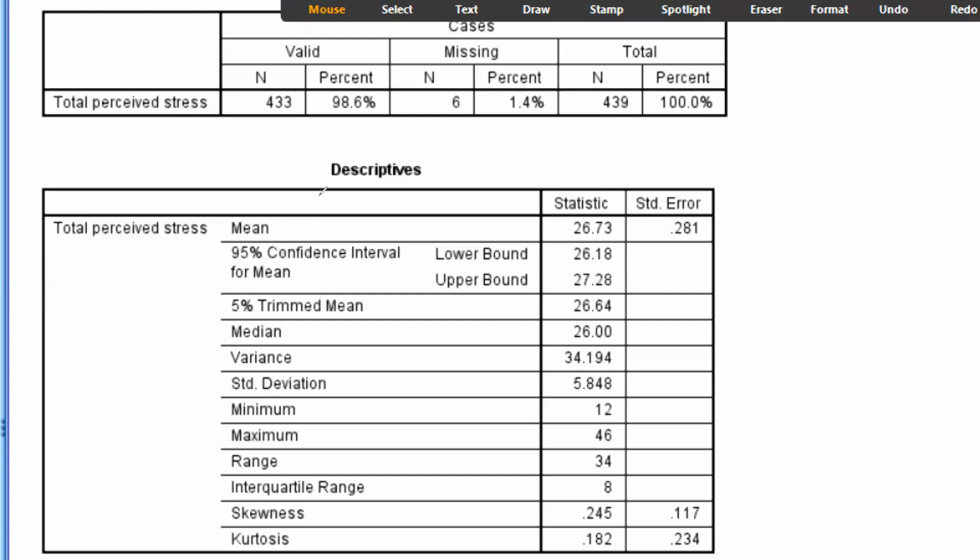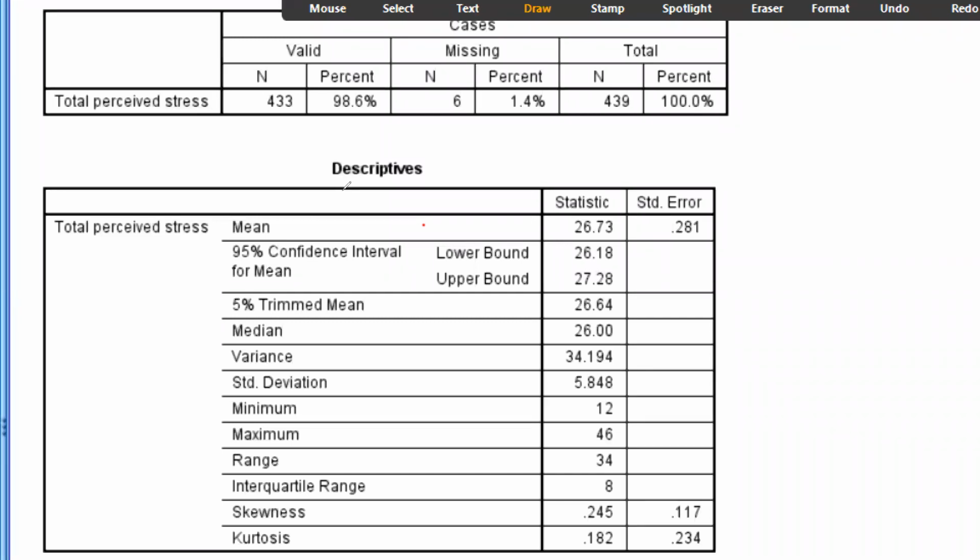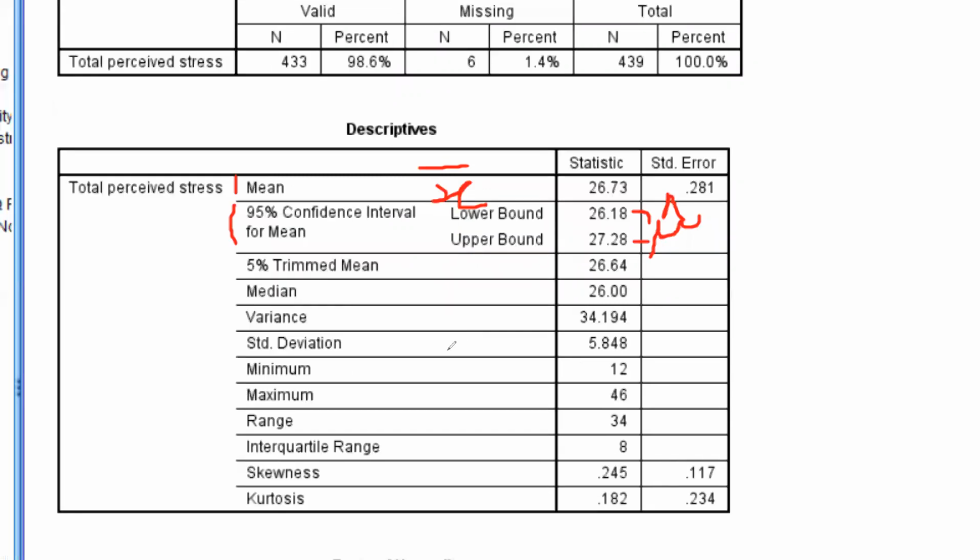This is basically the lower and upper bound of the estimate of the population mean. So this is the estimate of the population mean, lower value and upper value, and this is the sample mean. So this procedure is inferential while the other procedure is descriptive. Then the 5% trimmed mean, I already explained: the extreme numbers are excluded.